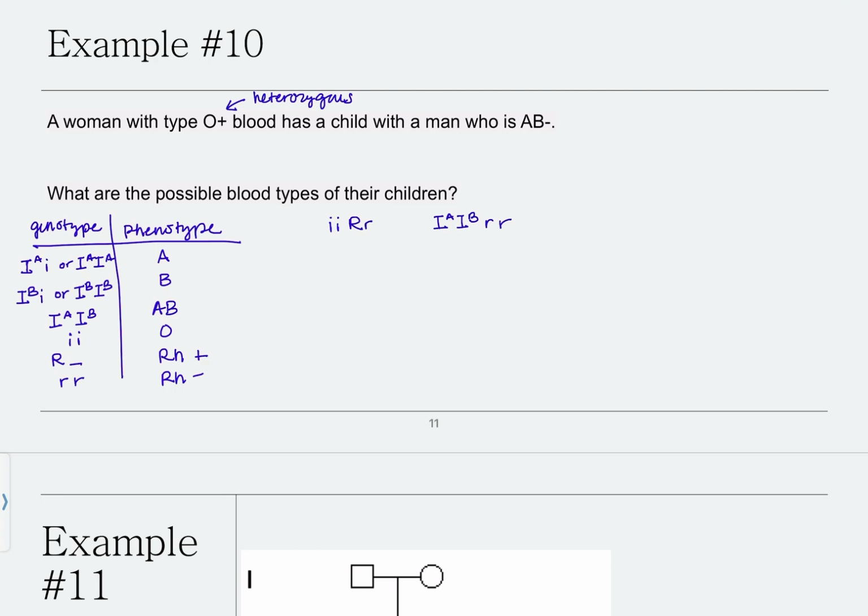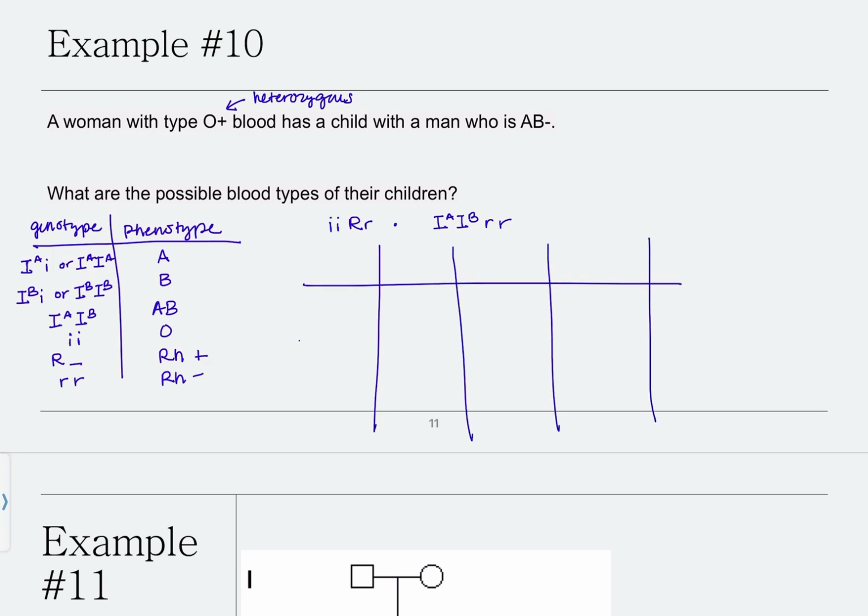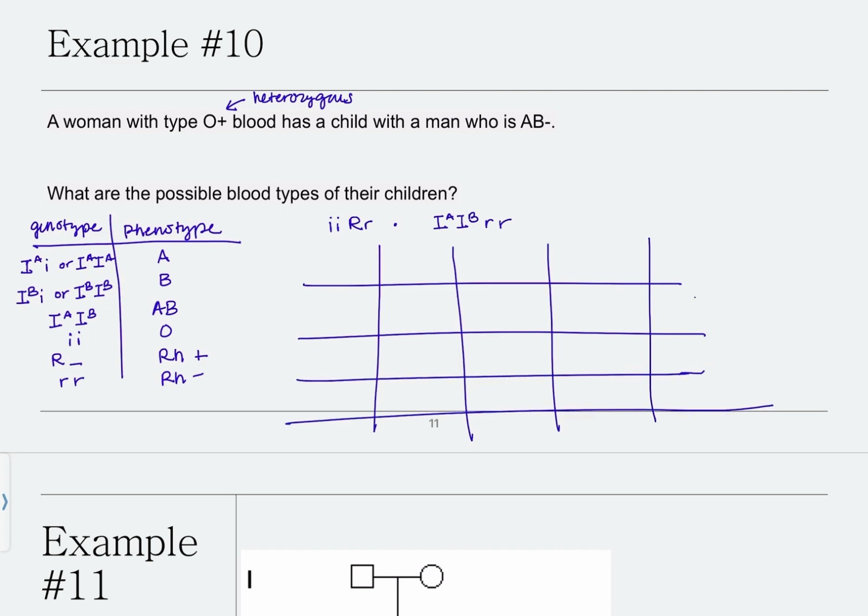All right, so set it up just like your standard dihybrid cross. Okay, you can go ahead and determine all the potential genotypes set up this way, or you could do the shorthand method.